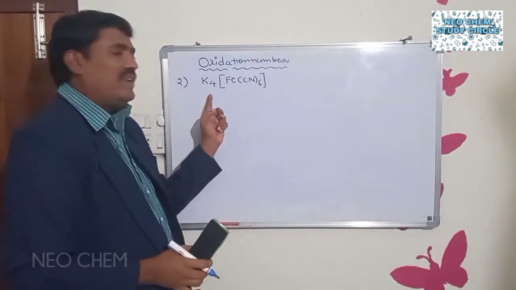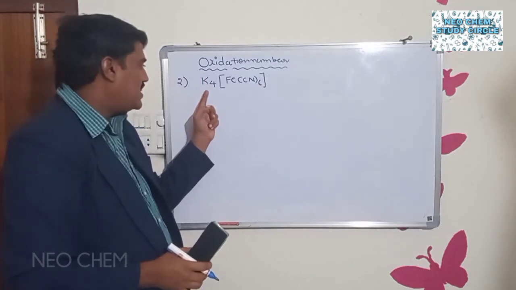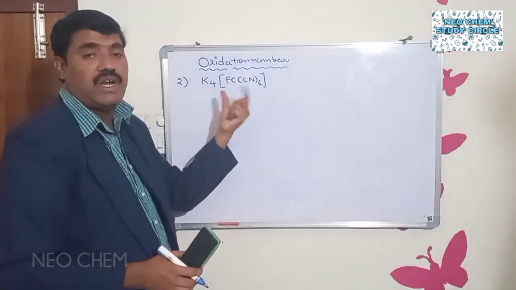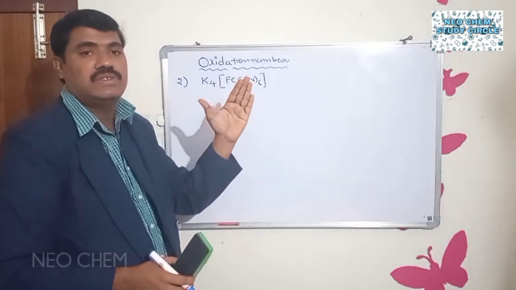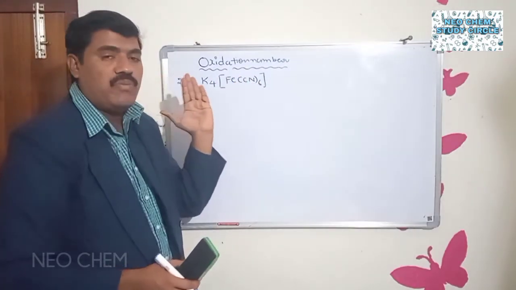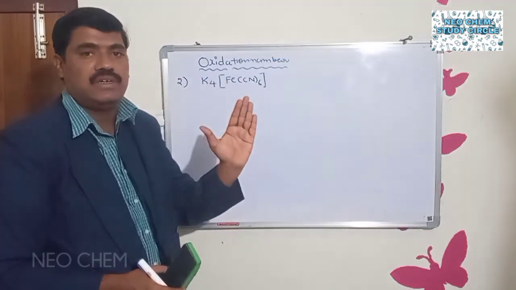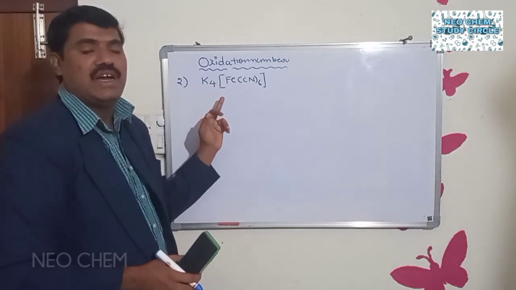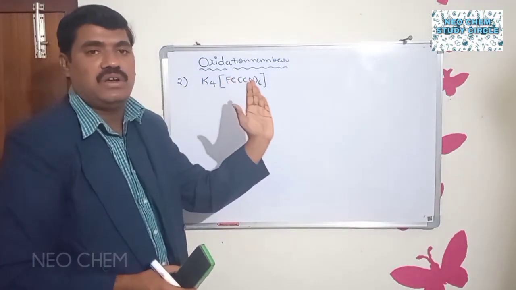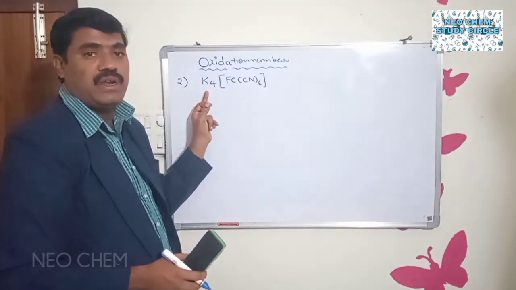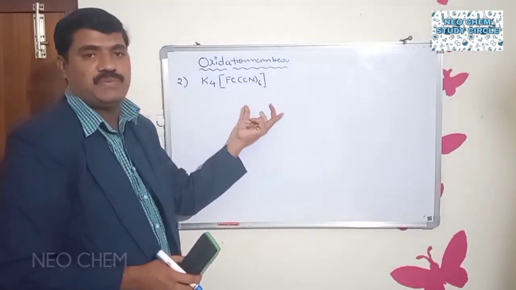This complex compound is having an ionic sphere and a complex sphere. Okay, now what I told you in the last class, in a complex compound, if ionic sphere and complex sphere are present, the first part is called cation and the second part is called anion. So here first part is ionic sphere, second part is complex sphere.